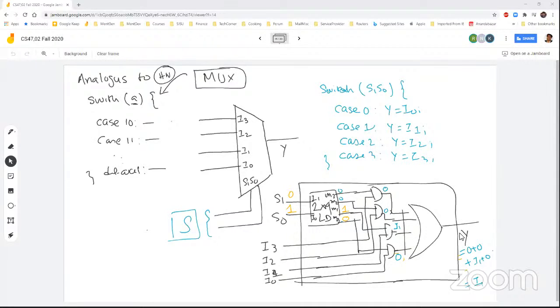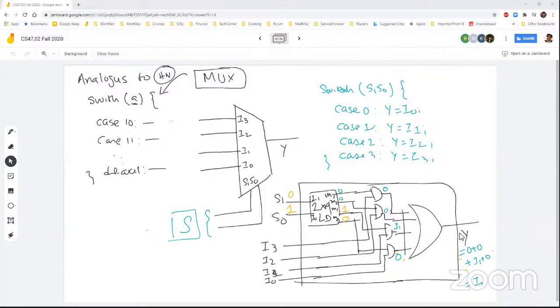Let's say the incoming values are, for example, 5, 10, 12, and 1, and your output is as well 4-bit. So if you are putting in 0, 1 here, that means we are selecting I1. That means my output is going to be 12.